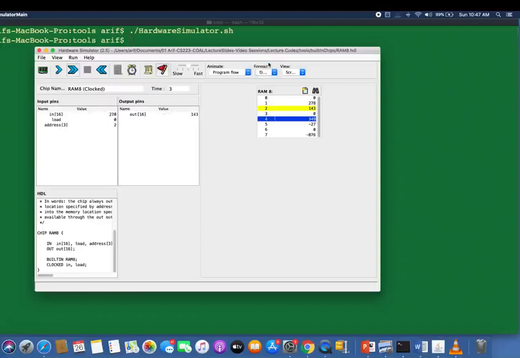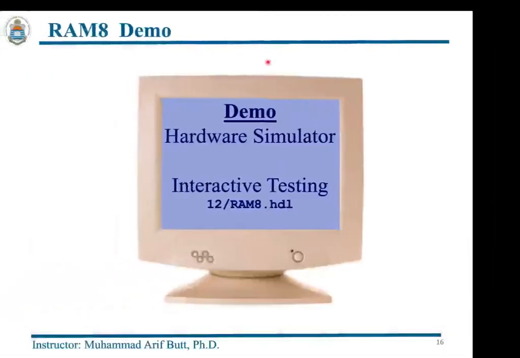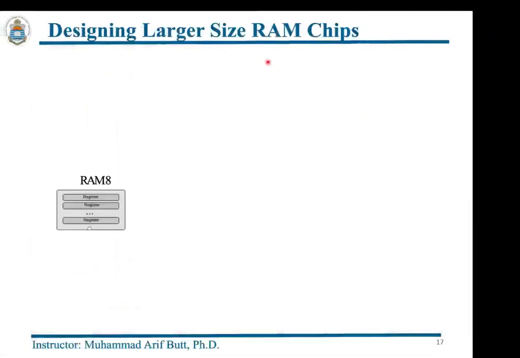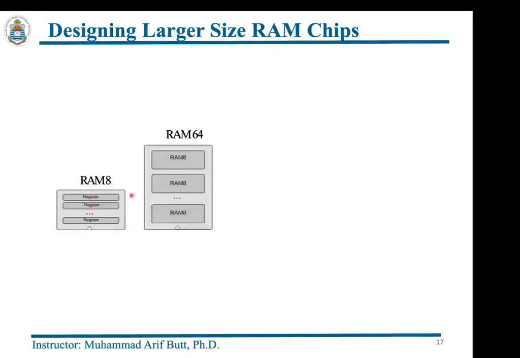That is great. Let's fall back to the slides. Well, dear students, the hard part is over. You can now use bigger RAM chips easily using this RAM 8 chip. Remember, this RAM 8 chip has just 8 registers. You can use this RAM 8 chip to build or design a RAM 64 chip, which will of course contain 8 RAM 8 chips.